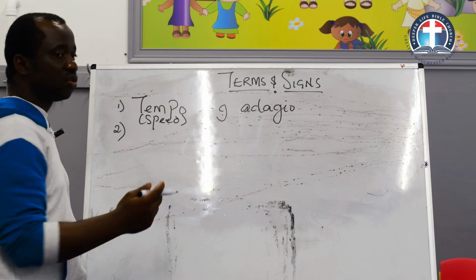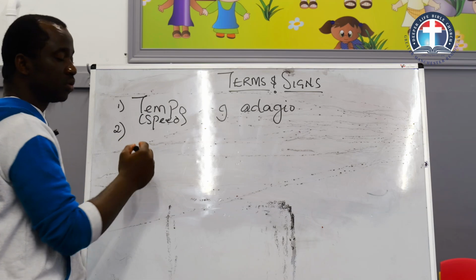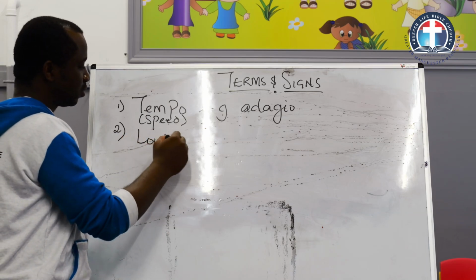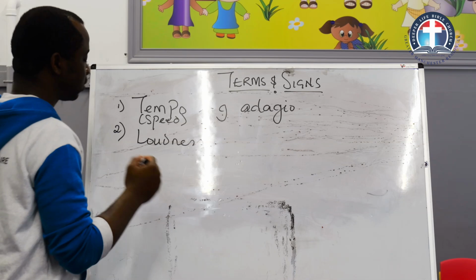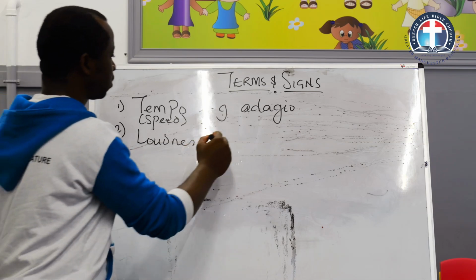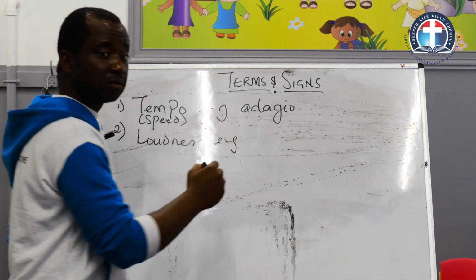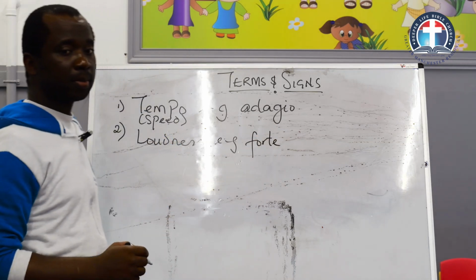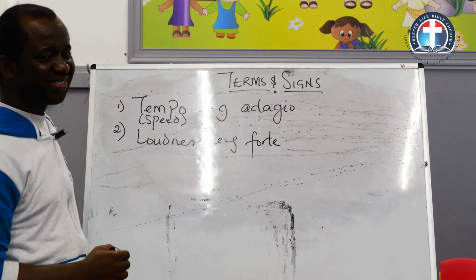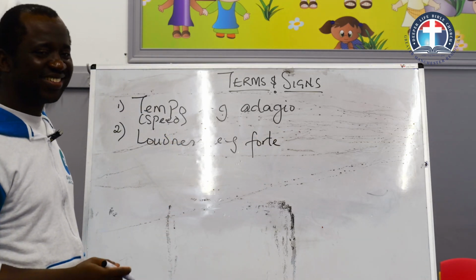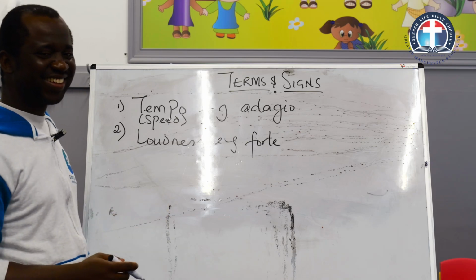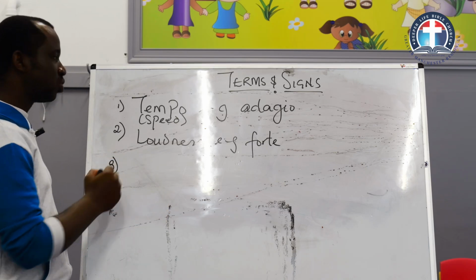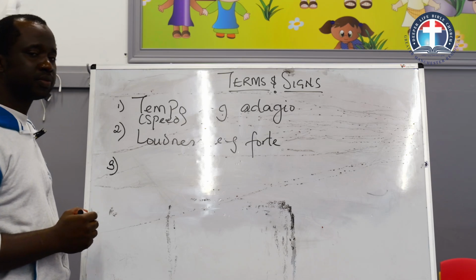Some terms could also refer to what? Loudness. Do you have an example of that? Forte. What does it mean? I know you know because you are Italian. These are Italian terms. All right. So some signs could refer to what again?